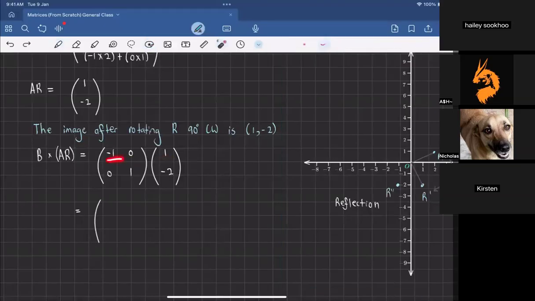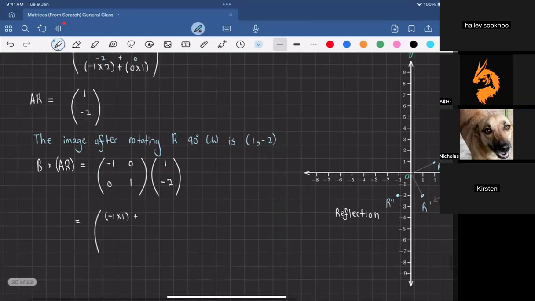So the first element by the first element, then the second by the second, row by the column. So -1 by 1 plus 0 by 2, minus 2.